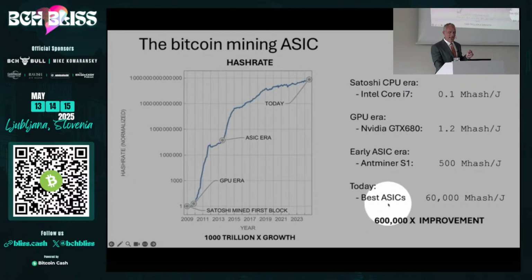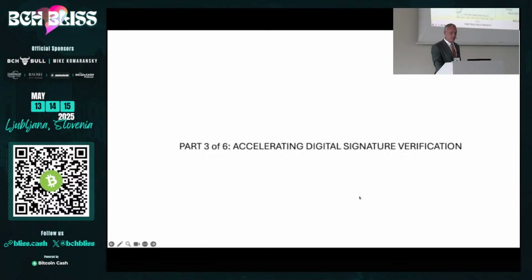Today's best ASICs can do about 60 billion hashes for that same joule of electrical energy. So there's been a 600,000 times improvement in our ability to do SHA-256. And that's almost entirely due to this gain you can get by making custom circuits to perform a specific computation.